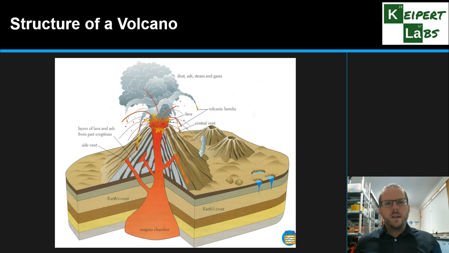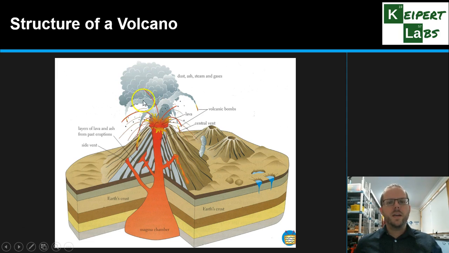Okay, so now let's look at a bit of the structure of a volcano. You can see the magma chamber underneath, where this magma has been built up and then trapped by the other layers of the Earth's crust. It's making its way up towards the surface, and once it breaches the surface, that's what we are calling lava. We've got this classic cone shape in this diagram. There are other shapes to volcanoes that we encounter, and we can see how that's built up and where the magma comes out in the form of lava, through these side vents, and we're also getting this central vent in the middle here, the big gap.